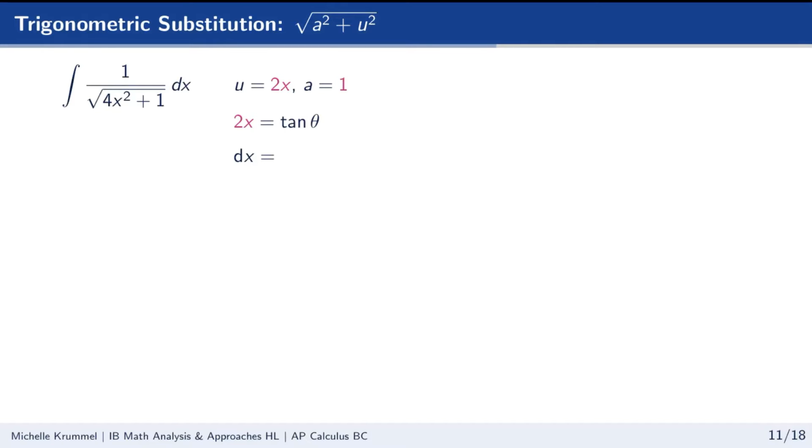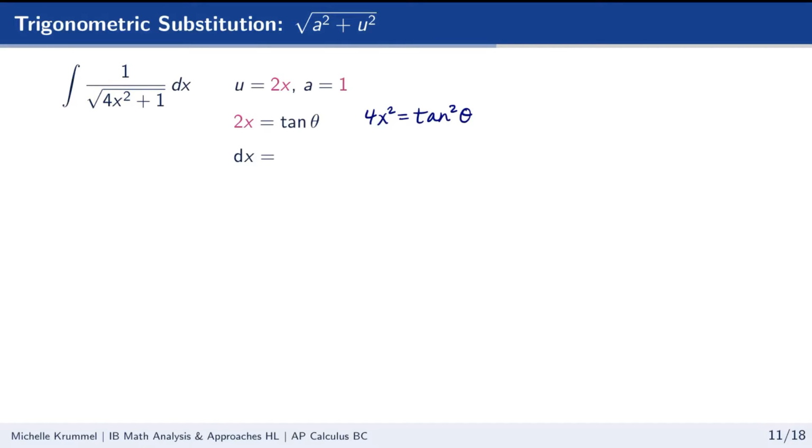That's going to allow us to substitute, well, I would say we should square both sides. So 4x squared equals tan squared theta. And then that's going to allow us to make a substitution here for the 4x squared. We can replace it with tan squared theta.